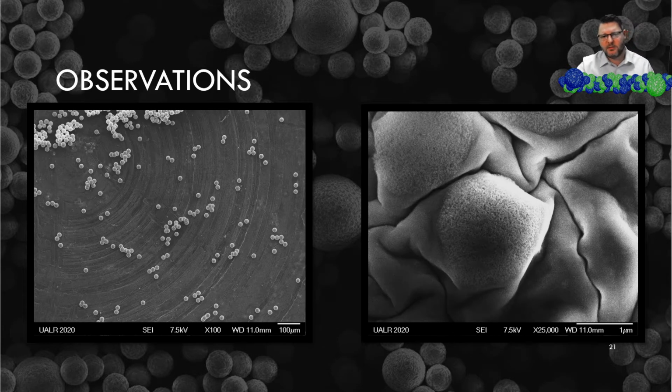So we're going to keep going. These are more images. The image on the left is just a 100 times zoom, and you can see all of these tiny little spheres. And then the image on the right is a 25,000 times zoom onto the yttrium, and you can kind of see it.